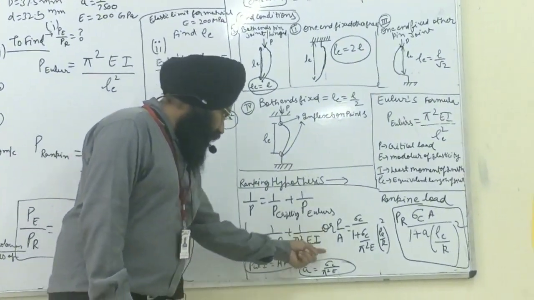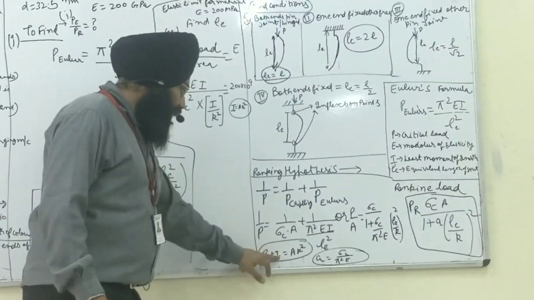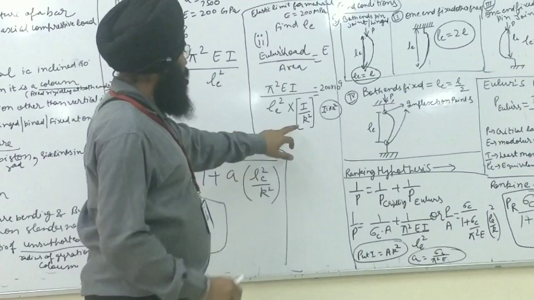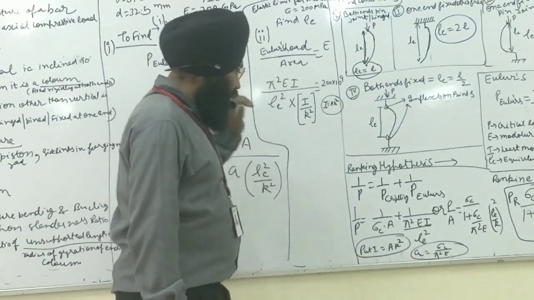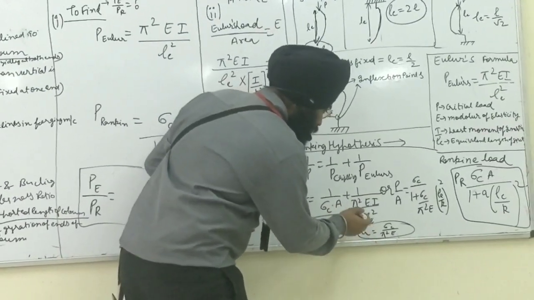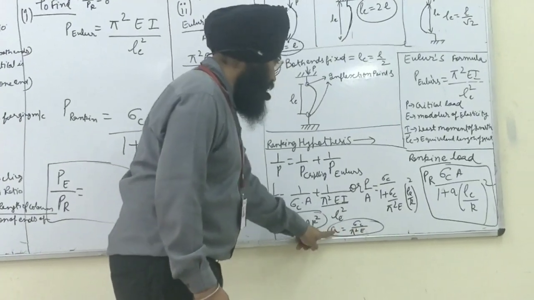On solving this, we put one more value. We know that I is equal to A K square. We will be using this in the formula also, when we solve the question. And we assume one constant, which is this, that is stress C by pi square E is equal to a.